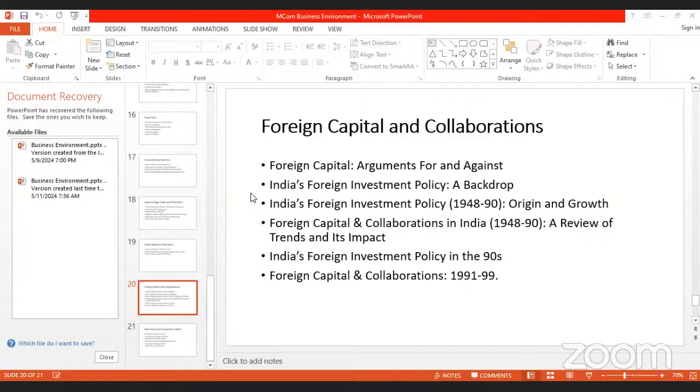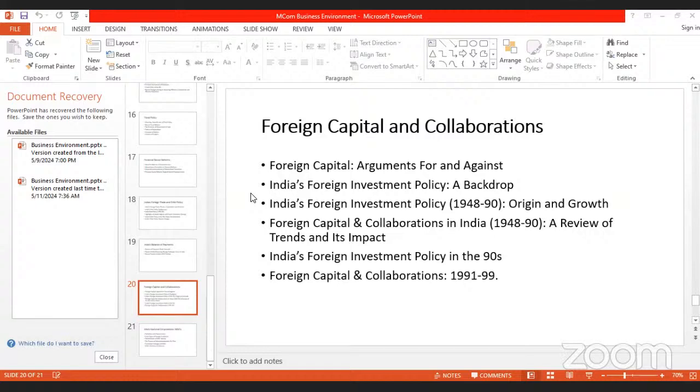Next was export growth. Export-oriented policies and collaboration boosted India's export performance, particularly in sectors like textiles and engineering. And there were regulatory challenges. Over-regulation and bureaucratic hurdles often deterred potential investors, limiting the full potential of foreign investment.